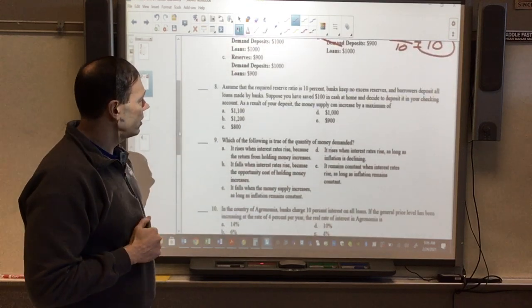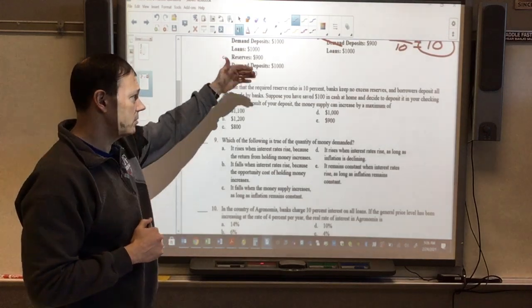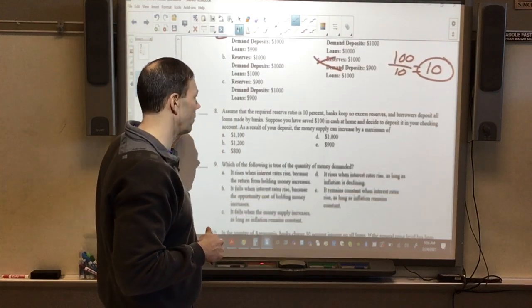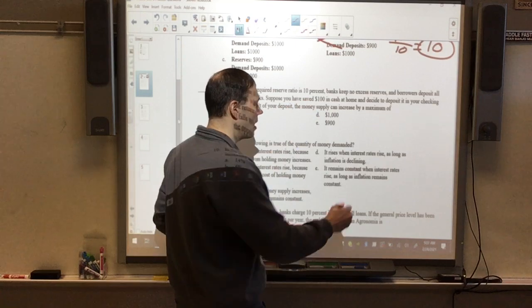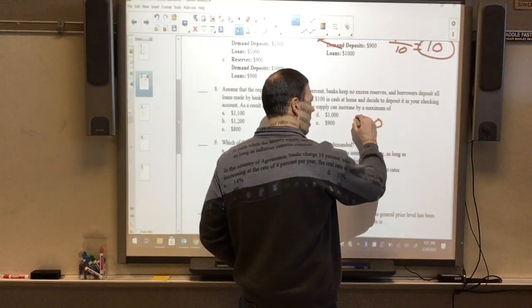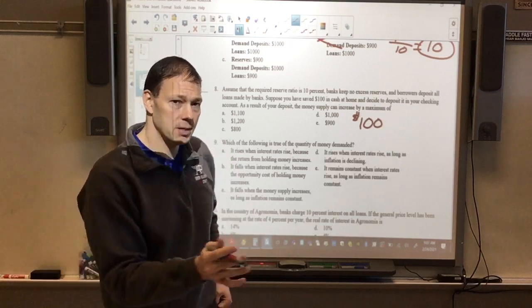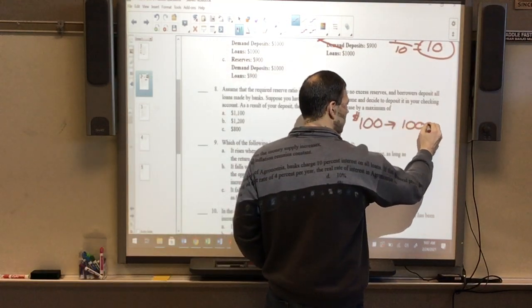Question number 8, the reserve ratio is 10%, banks keep no excess, and so forth. So here's kind of the same thing we did before. Our money multiplier is going to be 10, because our reserve ratio is 10, so 100 divided by 10. So again, remember you've got $100 in cash that's already in the economy in our money supply. That $100 in cash gets multiplied 10 times over, grows to $1,000.